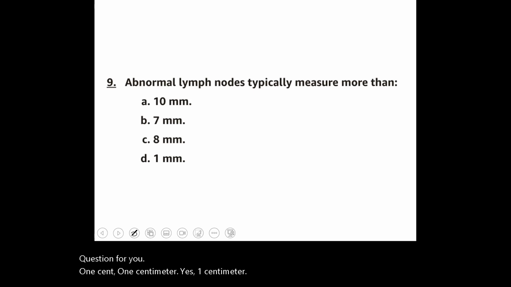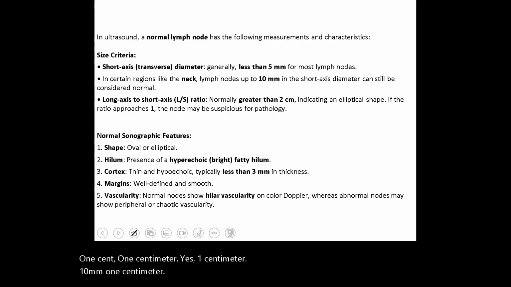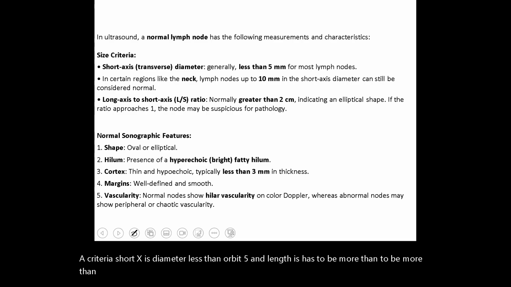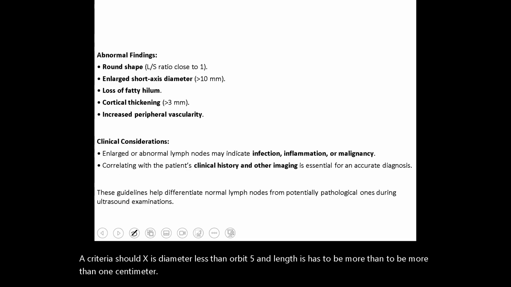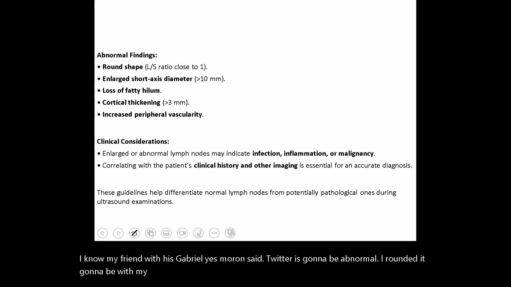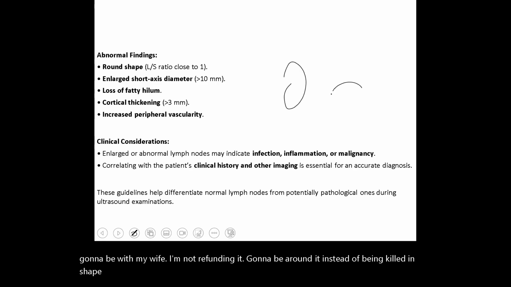The criteria: short axis diameter less than 0.5, and the length has to be more than 1 centimeter to be abnormal. Anything more than 1 centimeter is going to be abnormal. Rounded is also an abnormal finding. It's going to be rounded instead of kidney shape and long like this. It's going to be rounded and irregular in shape.